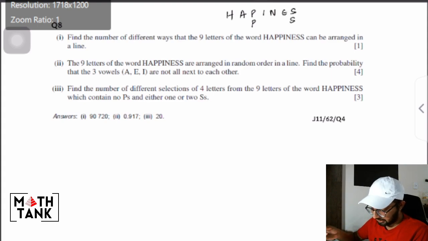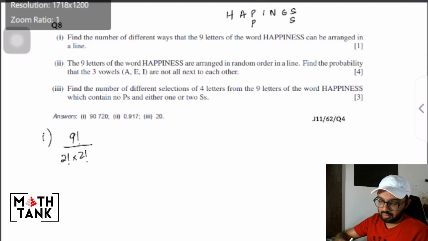I see that there are 9 letters, and 2 P's and 2 S's are identical. So when I'm arranging them in a straight line, it's simply 9 factorial divided by 2 factorial for the P's and 2 factorial for the S's. Okay, 9 factorial divided by 4. 90720.